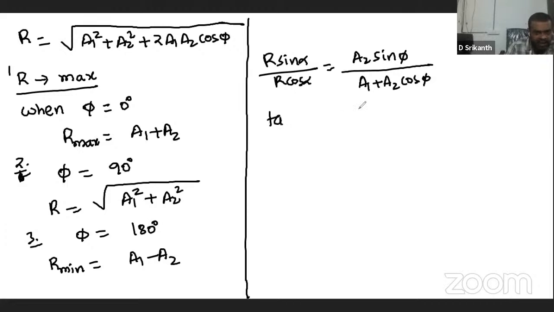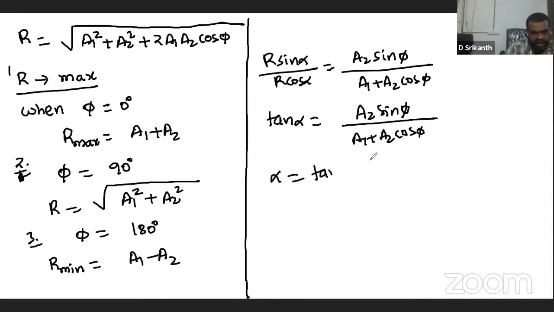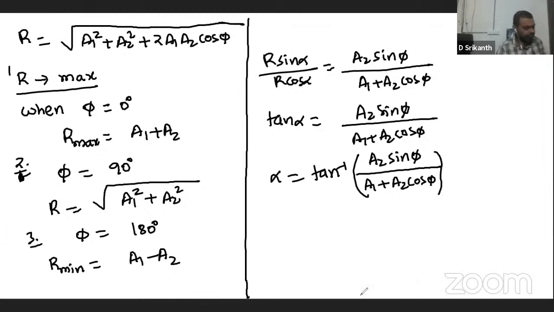So tan alpha is equal to a2 sin phi divided by a1 plus a2 cos phi. So alpha is equal to tan inverse of a2 sin phi divided by a1 plus a2 cos phi.